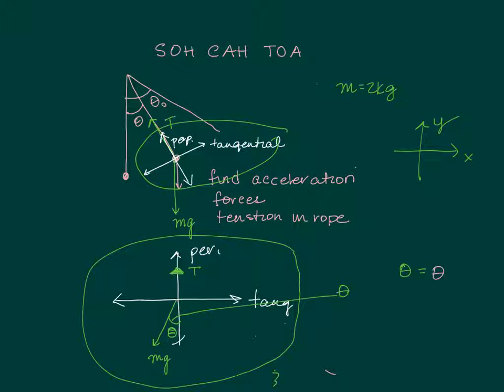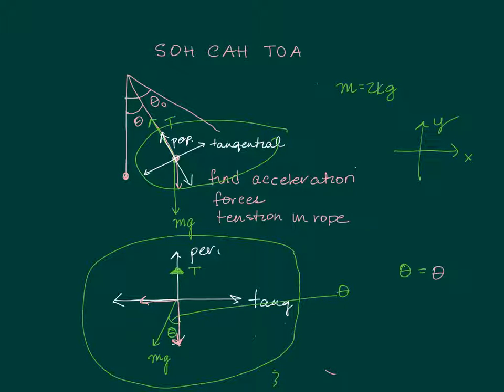Okay, now I'm in a position to find components. The upward component for T already points in the perpendicular direction. So the only thing I need to do is find the components of mg that point in the two relevant directions. And the relevant directions are what component is in this direction and what component is in this direction.